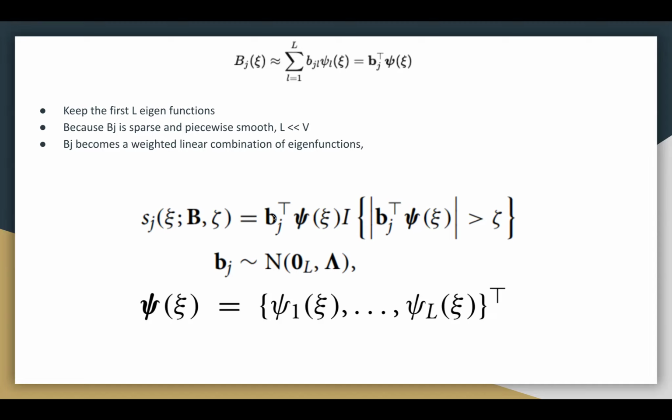So it can be represented as a linear combination of them. And then this process goes to the thresholding part. This is where they use the thresholded Gaussian process to sample these latent functions. Okay, my explanation may be confusing. Let me know if you don't understand anything.